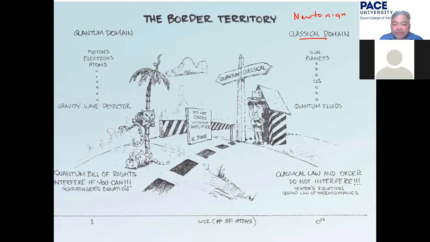That cannot be explained by Newtonian physics, because at a smaller dimension, like the photons, the electrons, the atoms, the one that dictates there is the quantum domain.